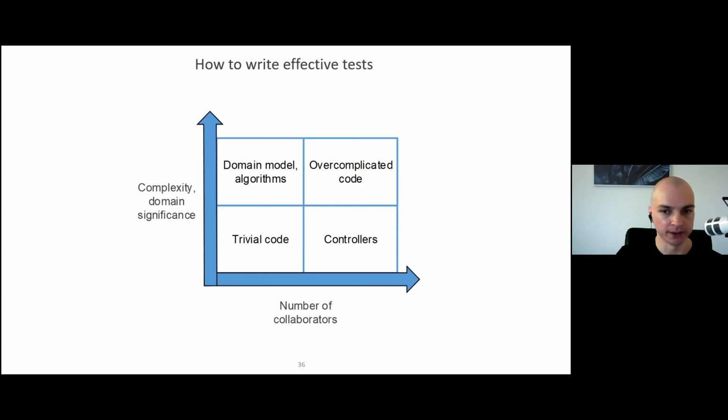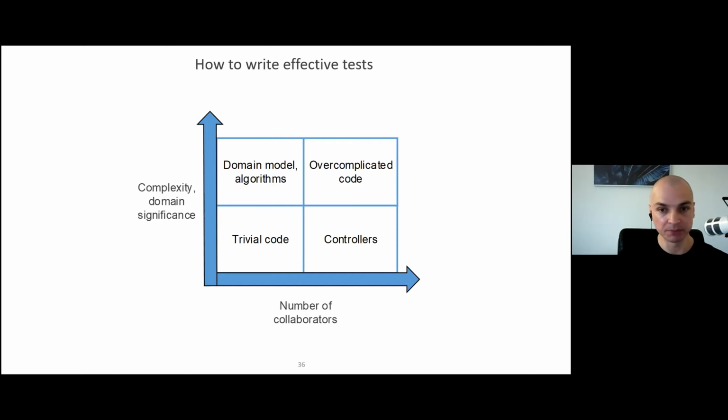It's a controller that doesn't delegate the work anywhere, but does all that work itself. And this is the type of code that brings the most pain to the project, so to speak, from the unit testing perspective. That's because it's risky to keep this type of code untested, but it's also quite expensive to test this code because it has a lot of collaborators.